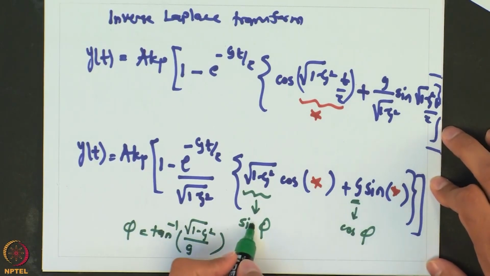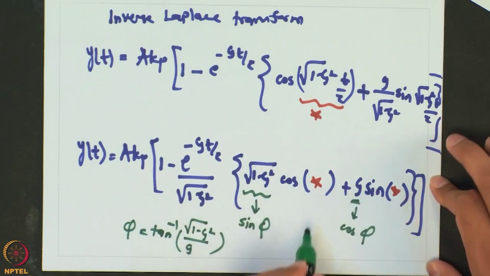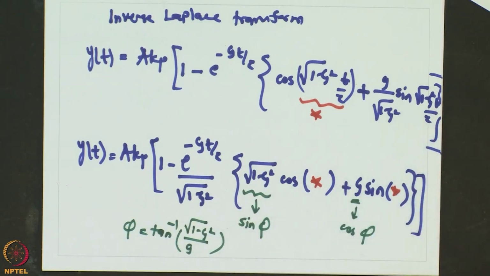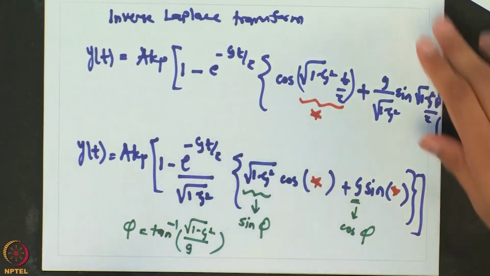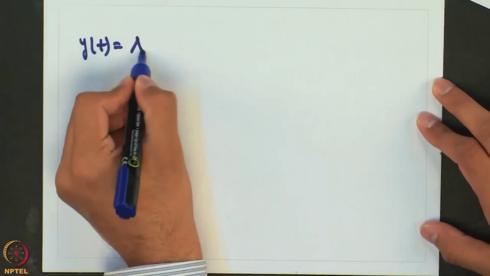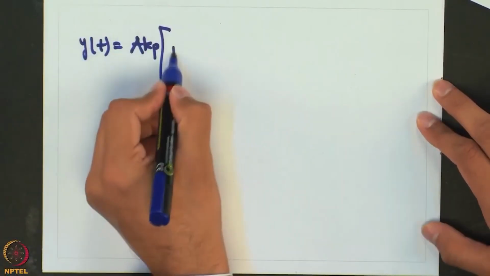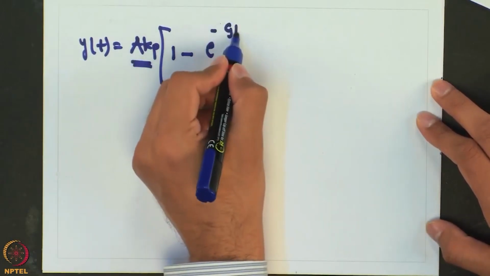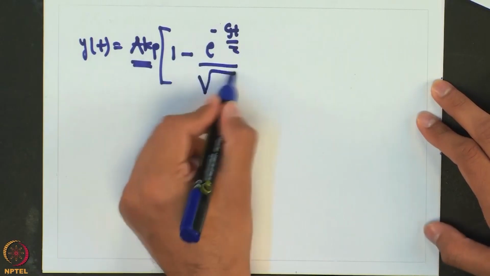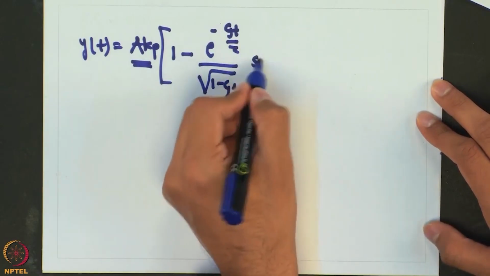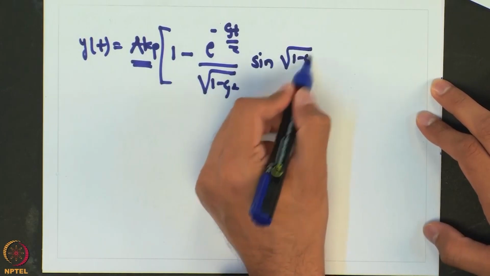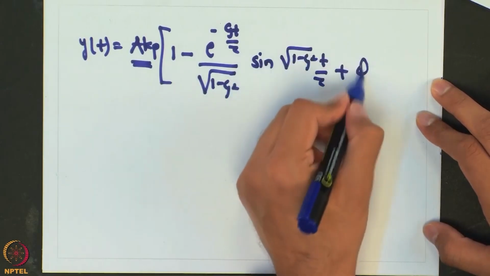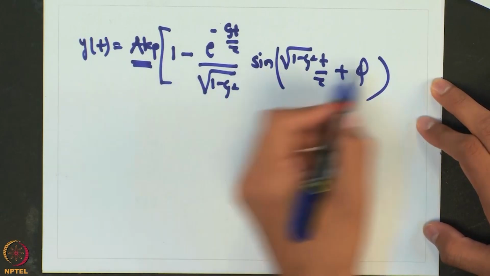So this becomes sine a cos b plus cos a sine b, which ultimately is sine of a plus b, and the final response we get out of this is y(t) equal to A K_p. You will notice that it also has a similar form: A K_p [1 minus e raised to minus zeta t over tau over root of 1 minus zeta^2 times sine of (root of 1 minus zeta^2 t over tau plus phi)].